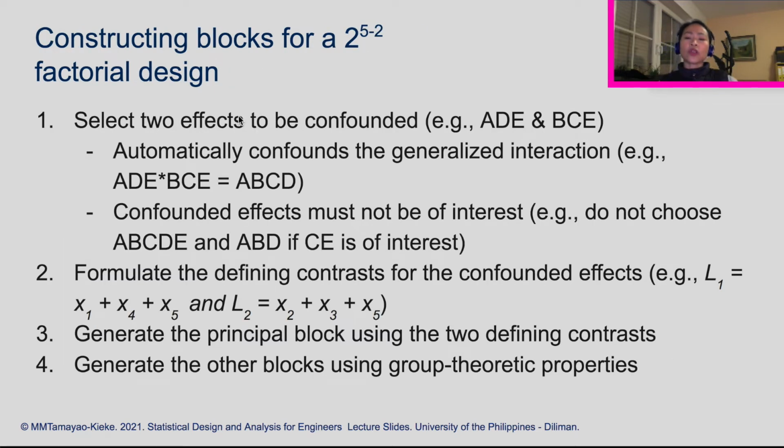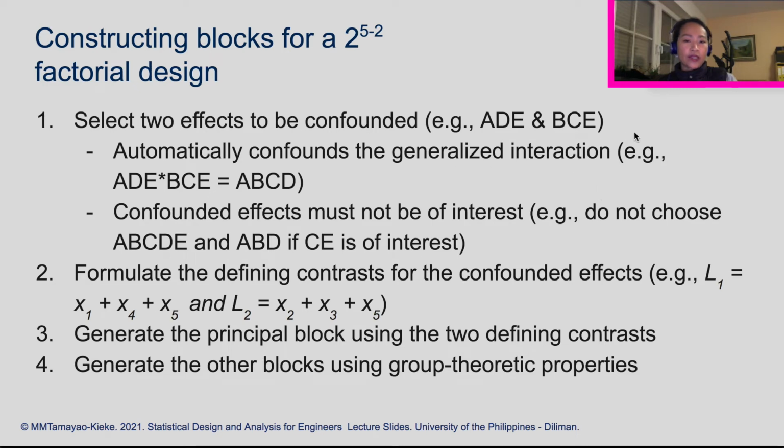So how do you construct the blocks for this 2 to the 5 minus 2 factorial design? First, you select 2 effects to be confounded. For example, we select ADE and BCE. Note that this automatically confounds the generalized interaction.